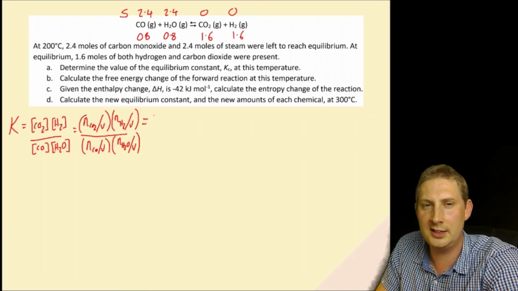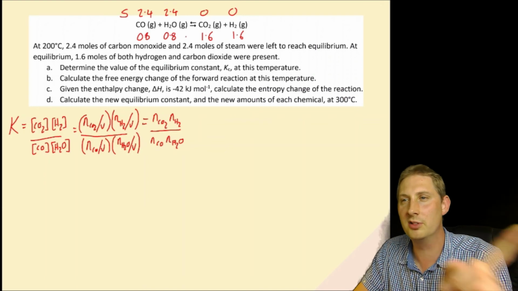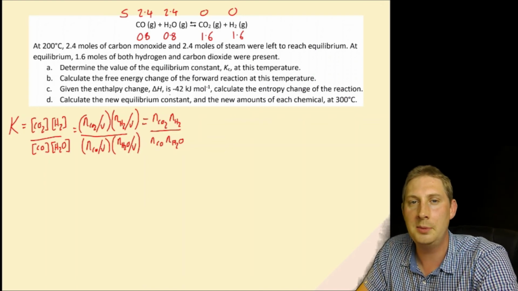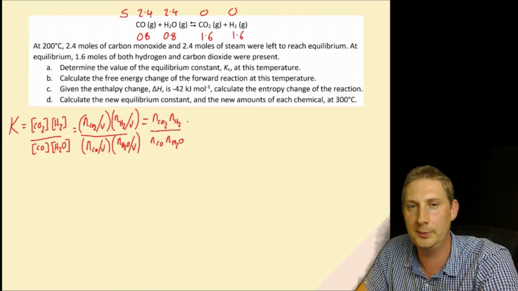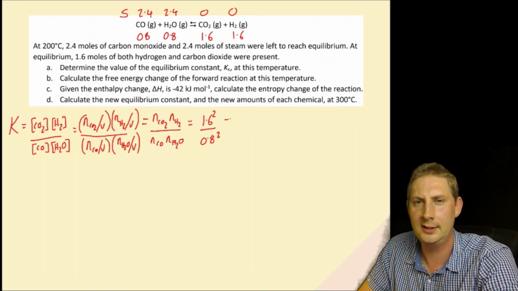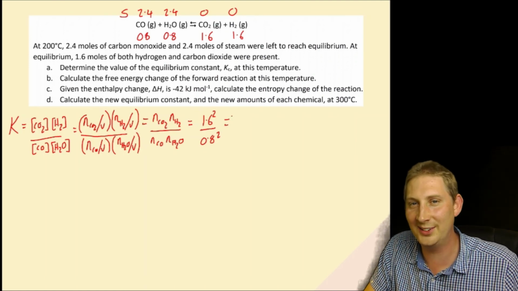So it is just the number of moles of CO2 times the number of moles of H2 over the number of moles of CO times the number of moles of H2O. This only works when you've got the same number of gas molecules on both sides of the equation. It doesn't work for every equation, but this here is why we're not told about the volume. So that equals 1.6 squared over 0.8 squared, and that gives a value of 4.